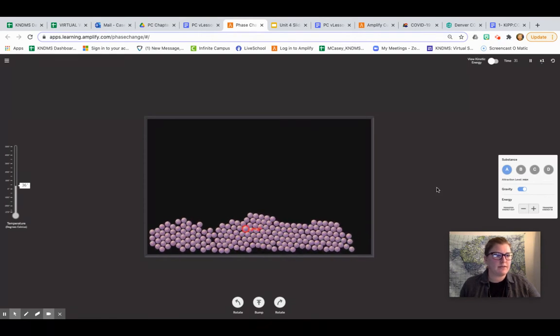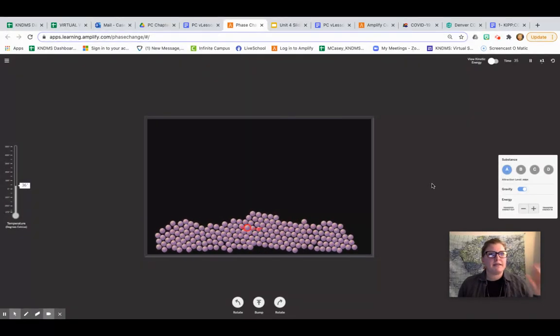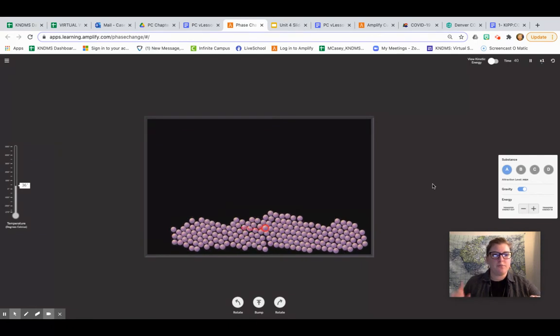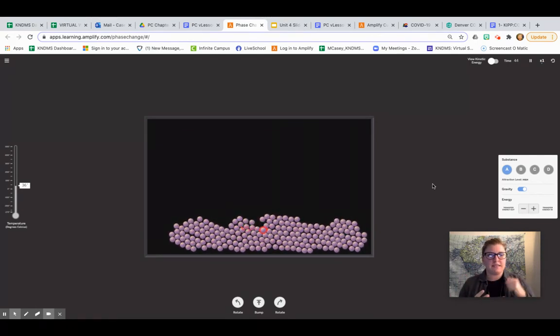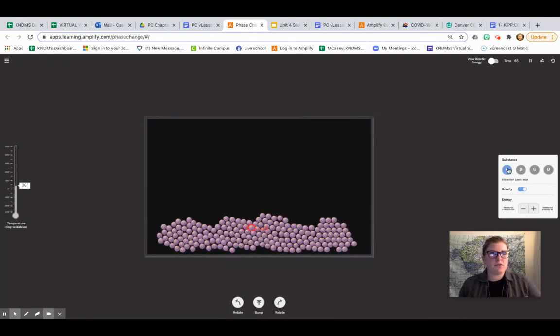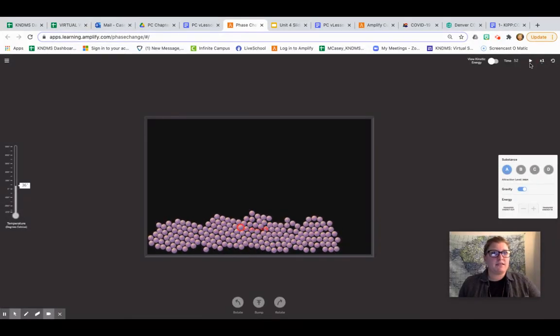That's what that's doing. What you're going to be asked in the next section after you play around with this sim is to write down observations of both the macro scale and the micro scale for substance A, B, and C. So a macro scale observation for substance A would be that it's a solid, it does not take the shape of its container.